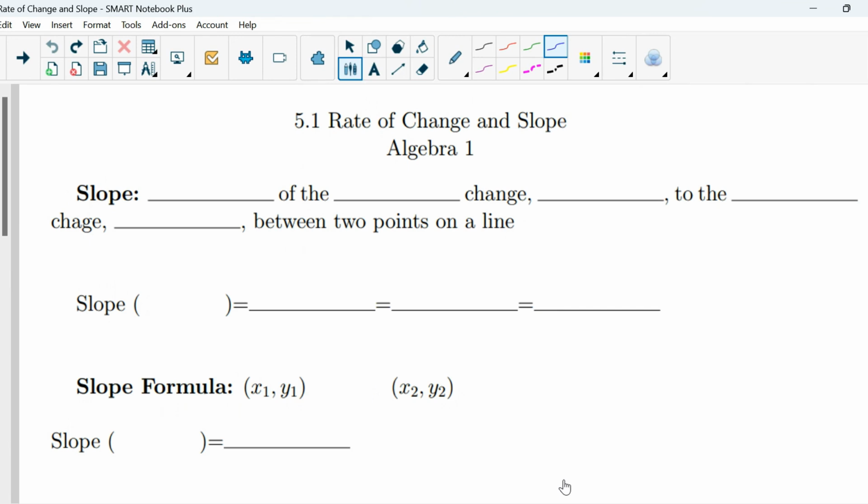Okay, so in lesson 5.1, we're looking at rate of change and slope. Rate of change and slope are interchangeable. They mean the same thing. They have the same purpose. It's just two different ways of saying it.